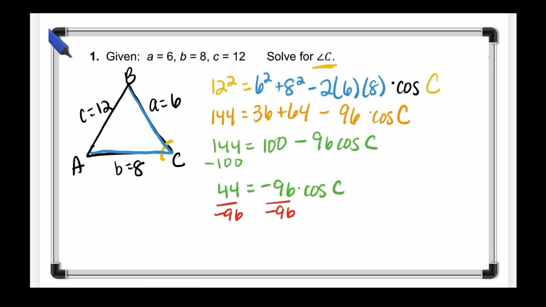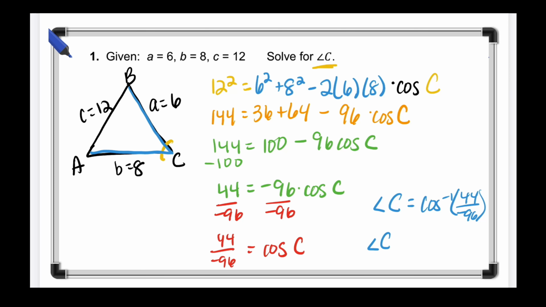That's a common mistake. So you have 44 over negative 96 equals the cosine of C. Remember, when you are trying to find angle C, you are doing the inverse. So I'm taking inverse cosine of 44 over negative 96. So my angle C is 117.3 degrees.